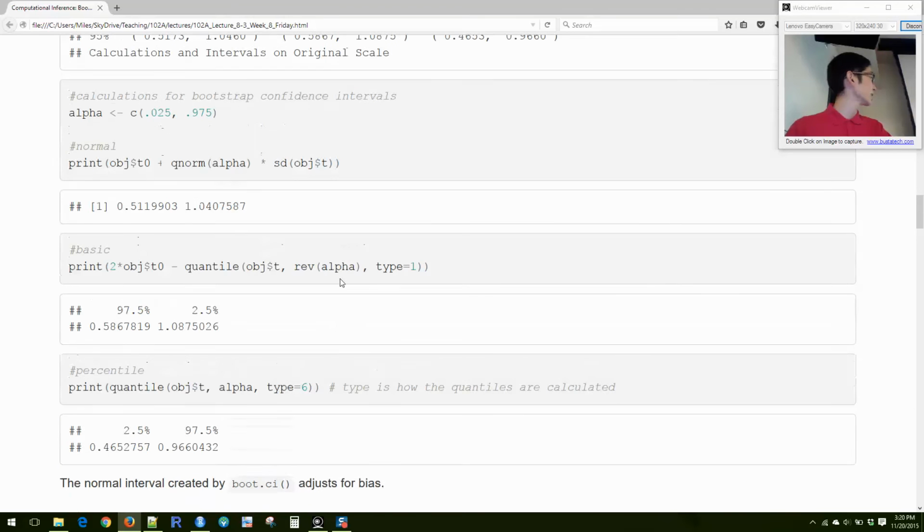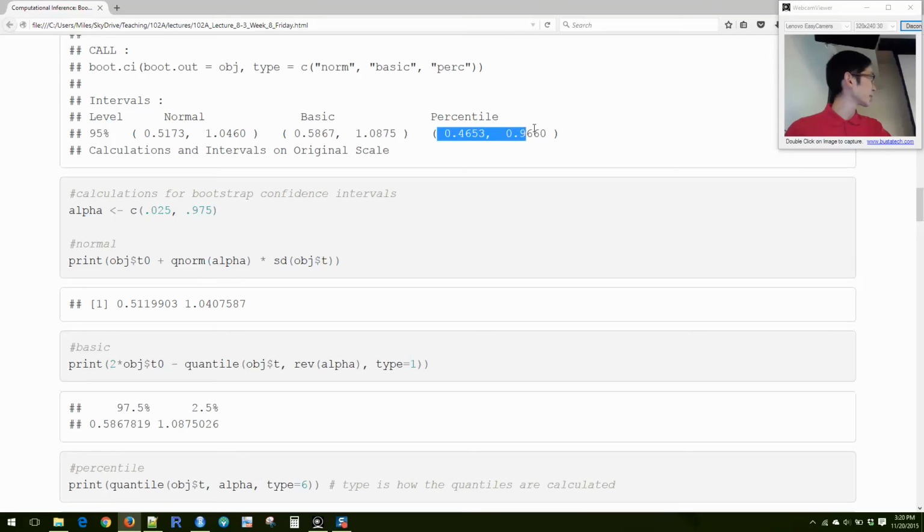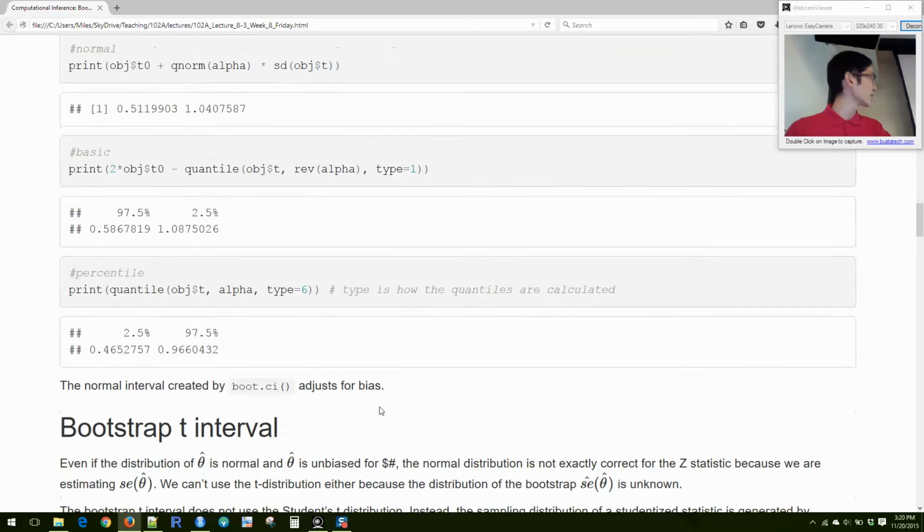And then over here we're just calculating from the quantiles. There are several ways to calculate quantiles, and the one that matches what R gives us here is type 6 of the quantile calculation. So yeah, calculating quantiles is always a bit of a point of contention.